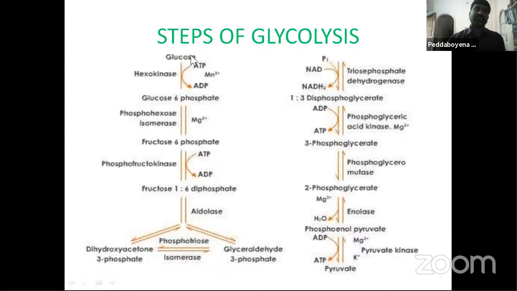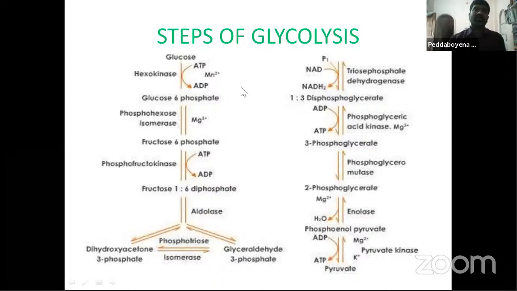First one: in this step, glucose is converted to glucose 6-phosphate, catalyzed by hexokinase. This reaction is called phosphorylation. Next is isomerization. And in the next reaction, ATP acts as a donor, so it is also phosphorylation.